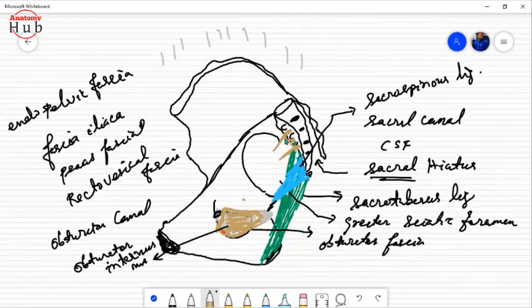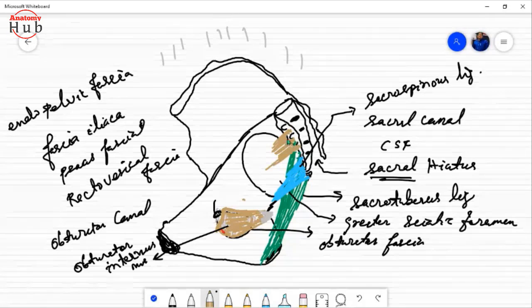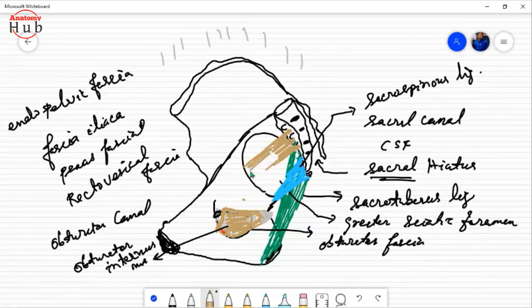This piriformis muscle takes origin from the sacrum, and it also takes origin from some part of the sacrotuberous ligament, and that muscle goes from this inner side of the pelvis towards the greater sciatic foramen. Okay, then it goes outside the foramen. So this is your piriformis muscle.